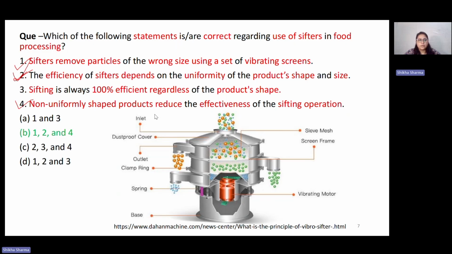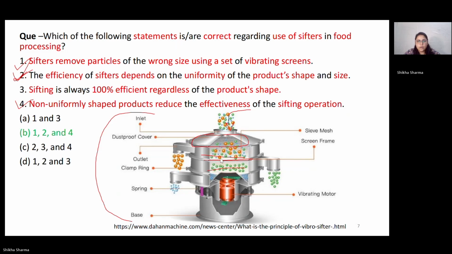So this is the sifter. In the sifter, the feed or the inlet goes inside the sifter. This is the dust-proof cover at the top, and then there are different sieves of different mesh sizes. This is a screen frame and the sieves are there.